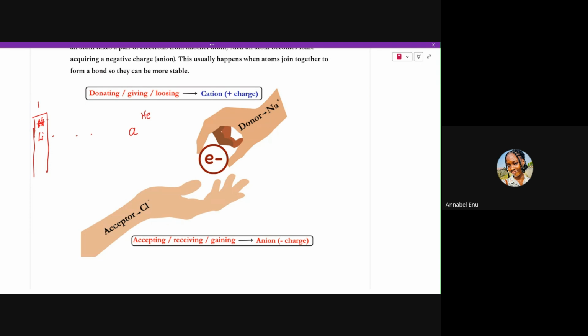So aside from hydrogen and lithium that I've written on the screen, what other elements are in group 1 of the periodic table? What other element is in group 1? Winner?